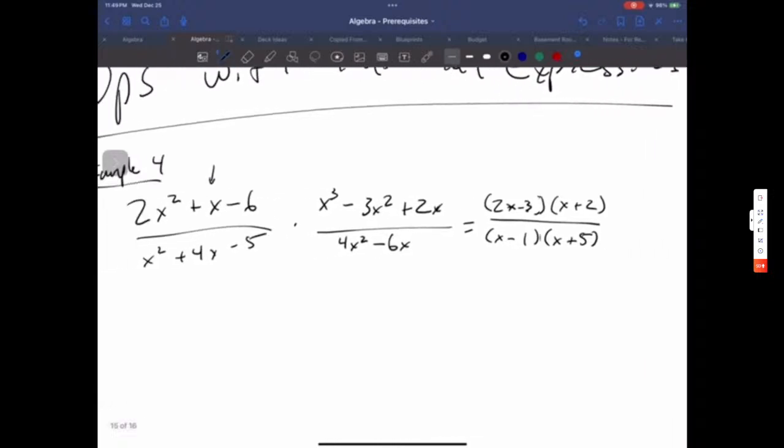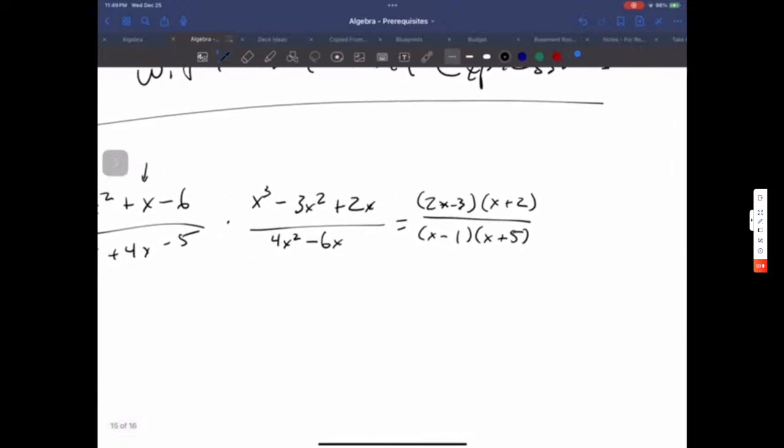And then how do you factor the second one? That's going to be times, well, there's no constant term, so we can already factor out an x, and then we have the remainder polynomial, which would be x squared minus 3x plus 2. So the plus here and the minus here means that it's both minus, and it's minus 2 minus 1.